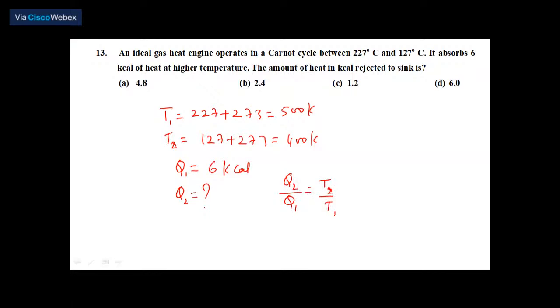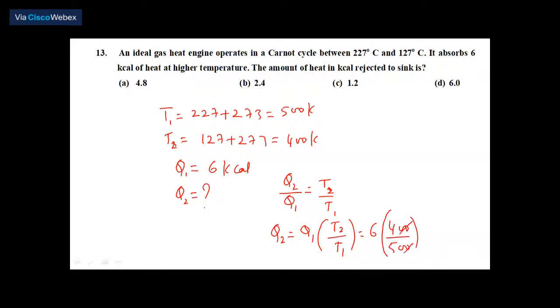Cross multiplying, you get Q2 equal to Q1 times T2 divided by T1. Now let us substitute for the quantities. 6 into T2, which is 400, divided by T1, which is 500.